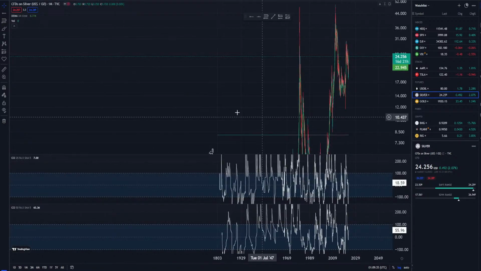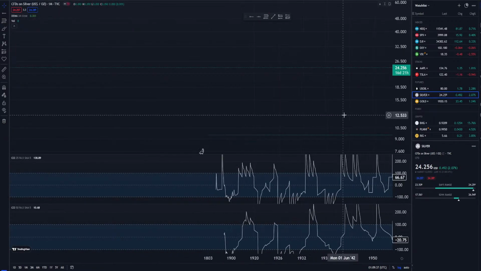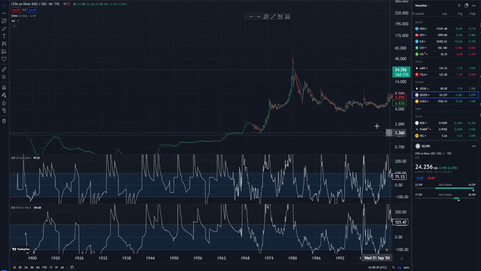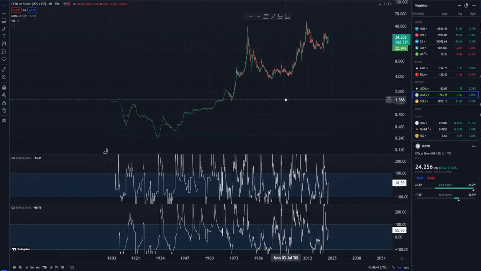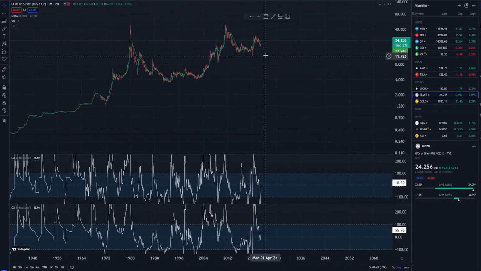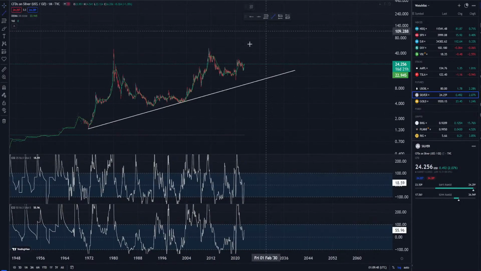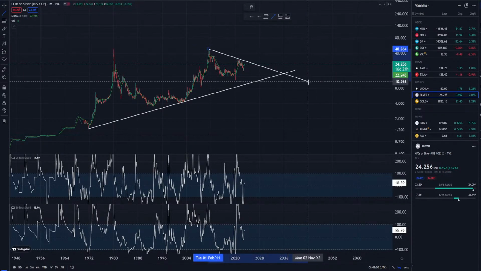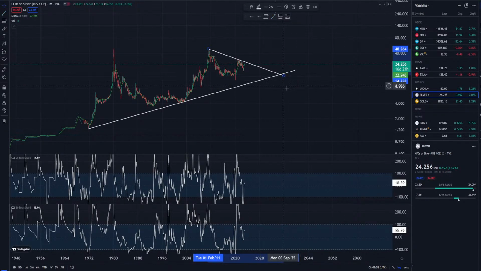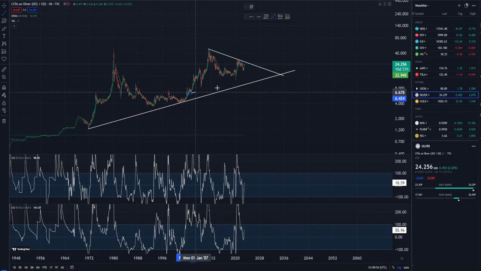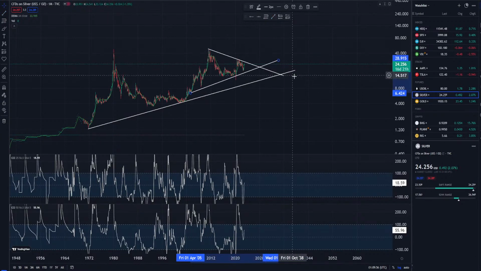And you can see the interval pretty well. What interval am I on? The month.